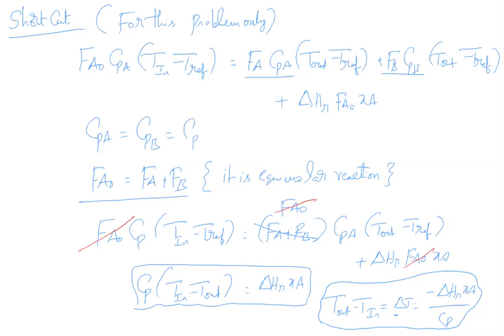Delta T equals minus delta HR into XA by Cp. Why minus here? Because I am writing T out minus T in instead of T in minus T out. This is the shortcut, but it is applicable for this problem only. That means it should be an equimolar reaction, and you cannot apply this shortcut universally.